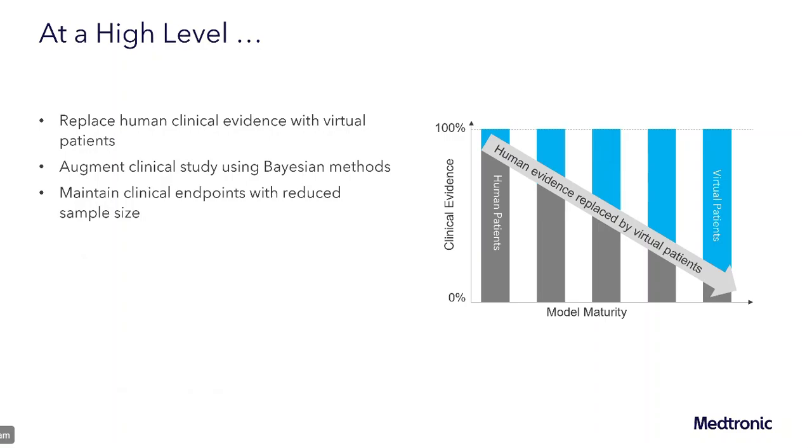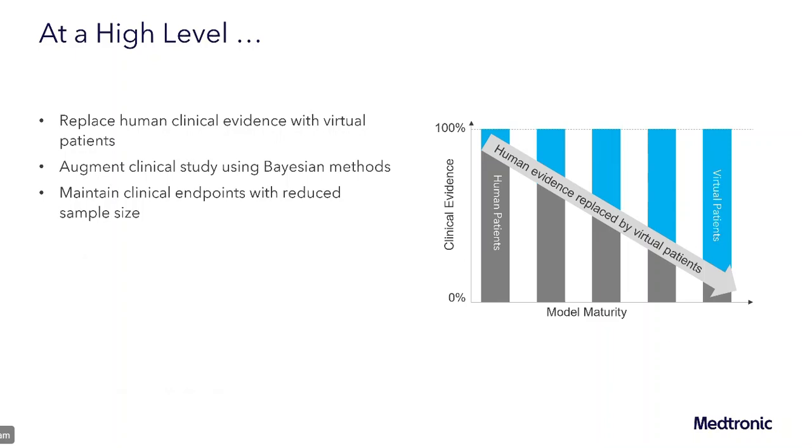So really at a high level, what are we trying to do? We're trying to reduce the amount of clinical evidence as we have more maturing models. And so this replacement can come in phases, right? At the beginning, and this is why a Bayesian clinical trial lends itself well, you can increase the strength of the prior as your ability to develop these virtual patients strengthens.